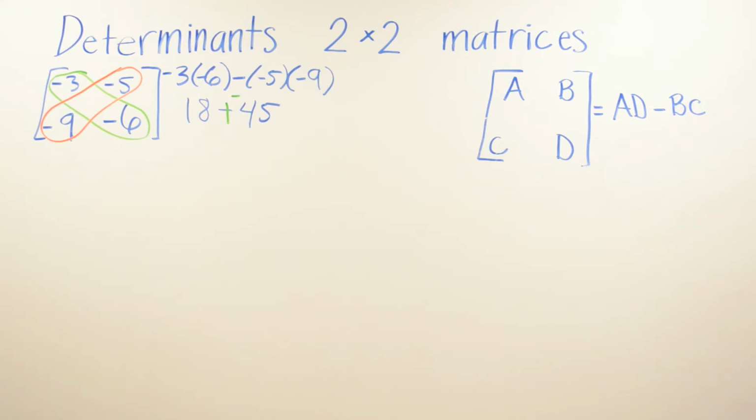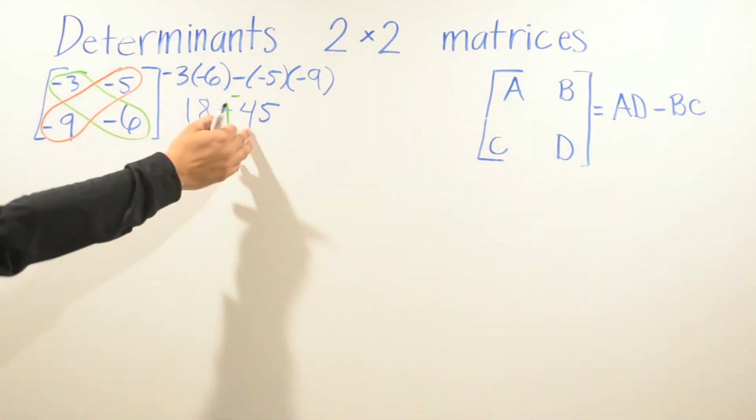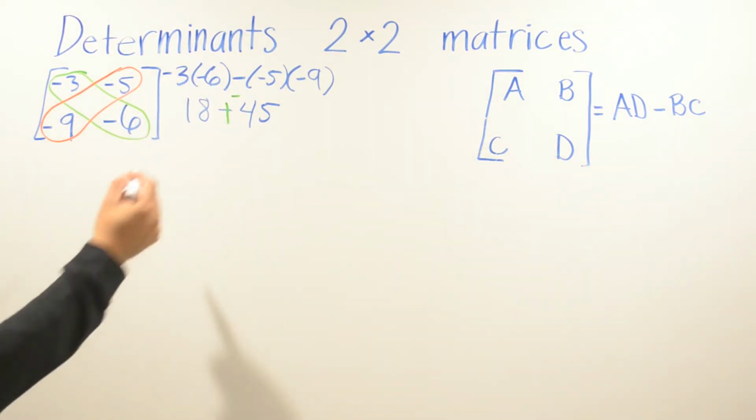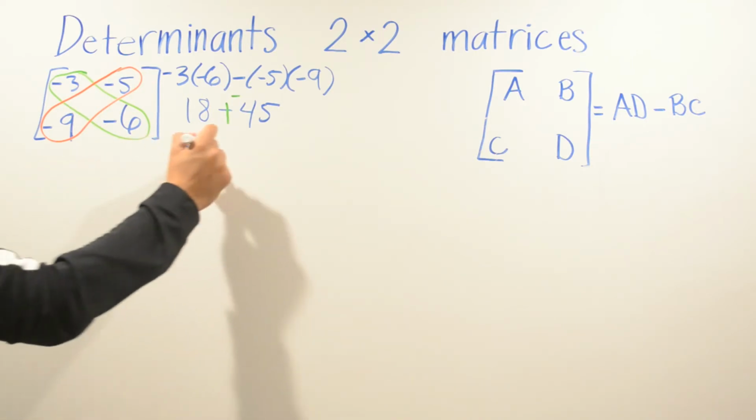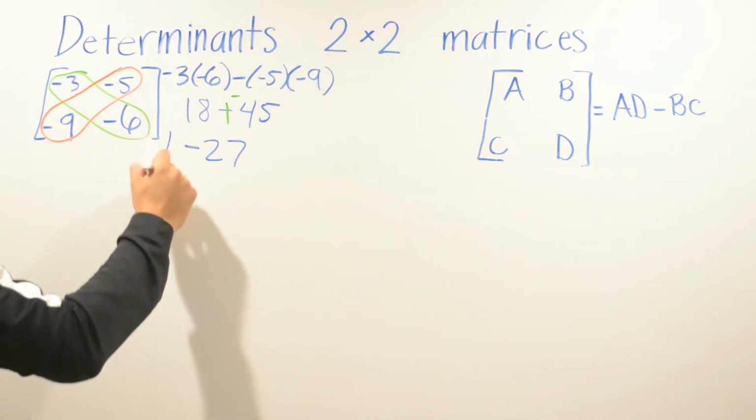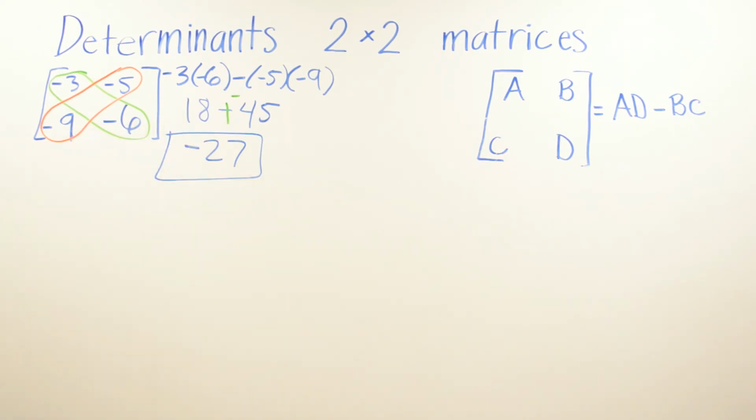Then you're going to have two different signs, a positive and a negative. And you're going to see what's bigger, 45 or 18. 45, so what's in front of 45 is going to be a negative. So your answer is going to be a negative. So when you subtract, because you have two different signs, 45 minus 18, you're going to get 27. So that is your answer for this problem.